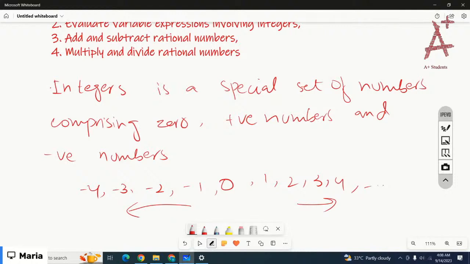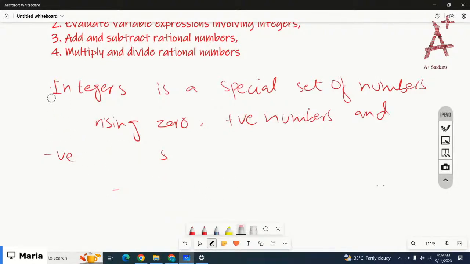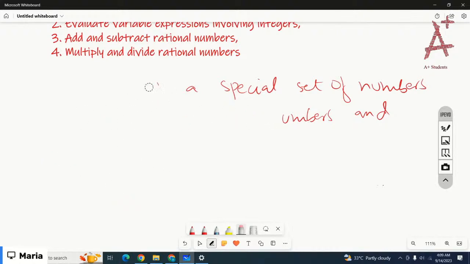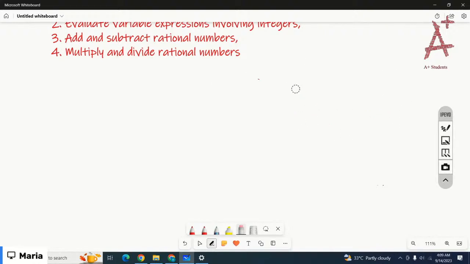Okay, let's do examples related to integer addition or subtraction. Because integers are a special set of numbers, when you're working with integers, you have to apply some rules when you are adding and when you are subtracting integers, right?